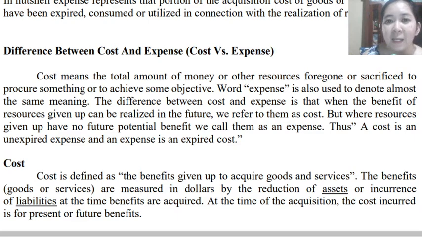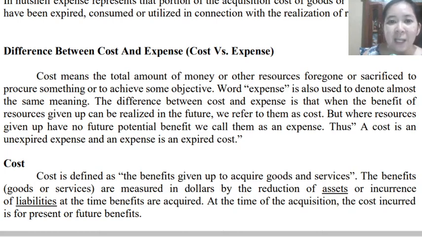While in the cost of production, like raw materials, you have spent for purchasing materials to produce the product, and then this product will be sold, and if it is sold, you will generate income. That is cost. So please understand the distinction between what a cost and an expense is.